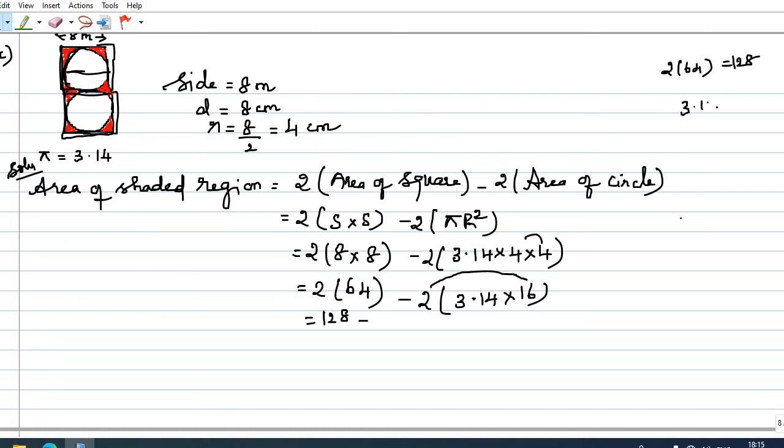So 3.14 into 32. 4 2s are 8, 2 1s are 2 and 3 2s are 6. 4 3s are 12, 1 3 is 3, 4, again 3 3s are 9. So 8, 4, 0, 1 carry over, this is 10. 2 digits after you have to keep the decimal. Okay. Now listen. Minus 100.48.